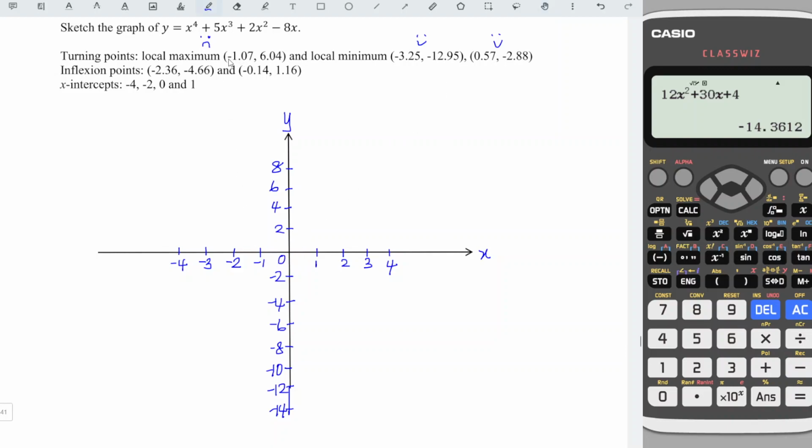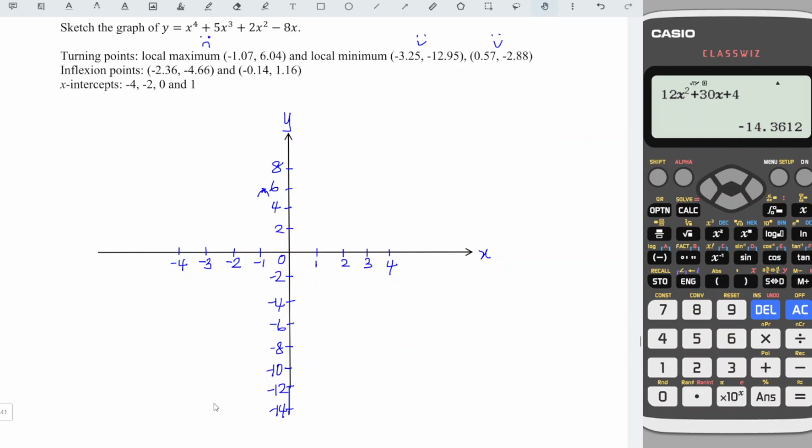So -1.07, we are going to take -1 since this is just for sketching purposes, which means high accuracy is not necessary. -1 at 0.6, so it's here. We can make the shape a crying face. Okay, then for the local minimum we have -3 and -12.95.